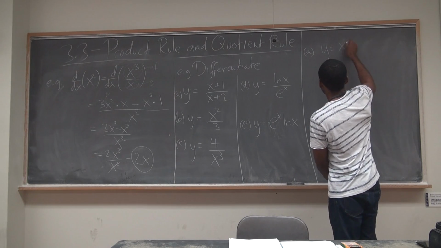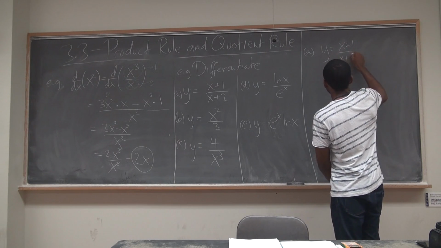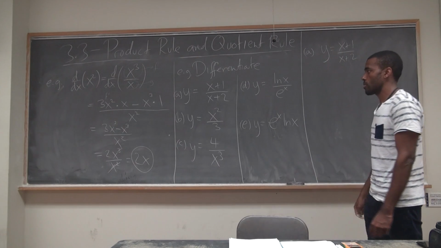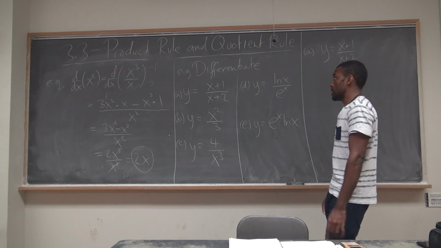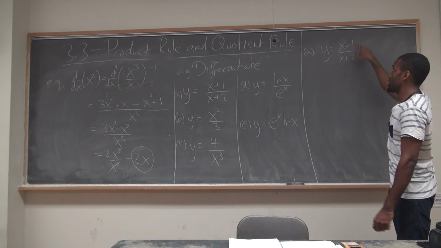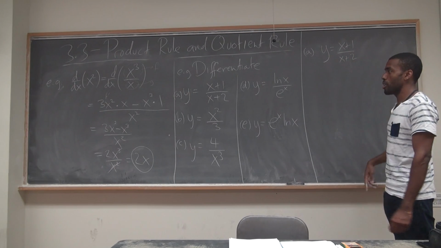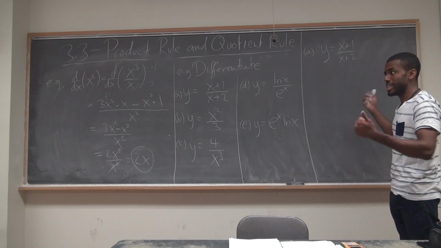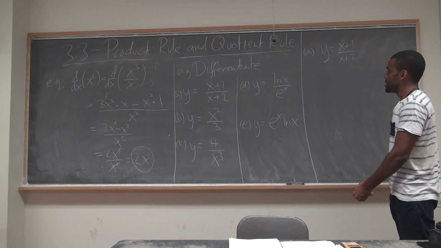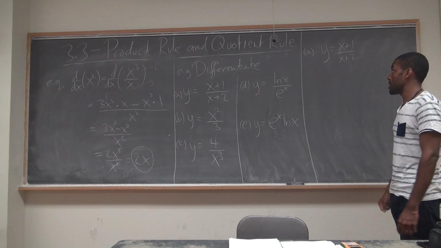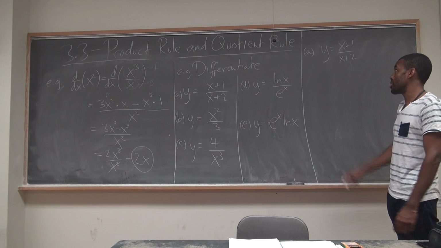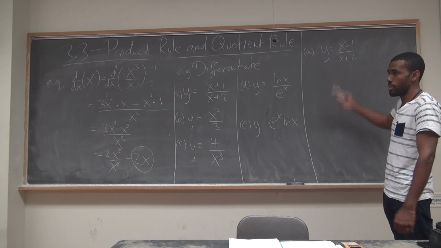So my y is equal to x plus 1 over x plus 2. Again, first notice that if I just differentiate the top, I get 1. Differentiate the bottom, I get 1. You get 1 over 1. That's not the answer. This function is a lot more complicated than that. It definitely does not have slope 1. If you look at the graph of this, it doesn't have a constant slope.